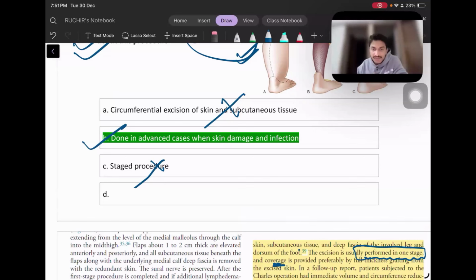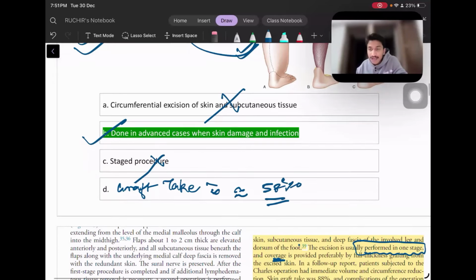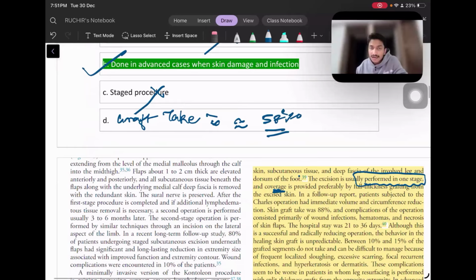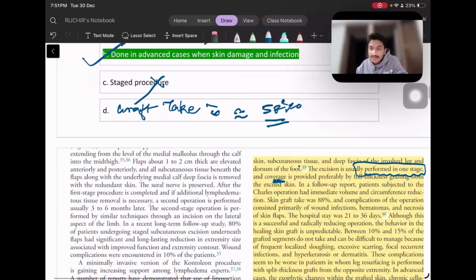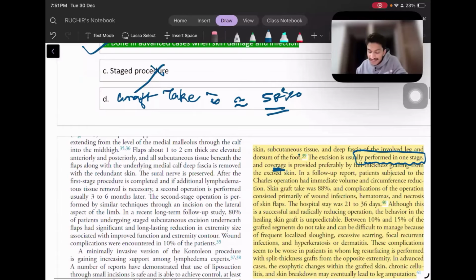Can you help me out with the fourth option for this question, please? What was the fourth option so that we have a proper recall? Graft take is approximately 58%. Yeah, see, the Charles procedure is basically skin, subcutaneous tissue, and the deep fascia. They've only mentioned skin and subcutaneous tissue in the option.